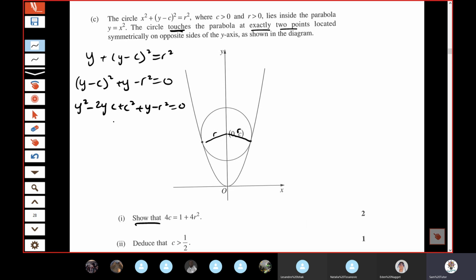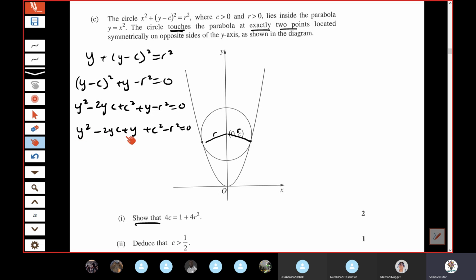Then collect my like terms. So y squared is by itself. Then minus 2yc plus y, plus c squared minus r squared equals 0. Can you guys see something there? Yeah, it's a quadratic, isn't it?